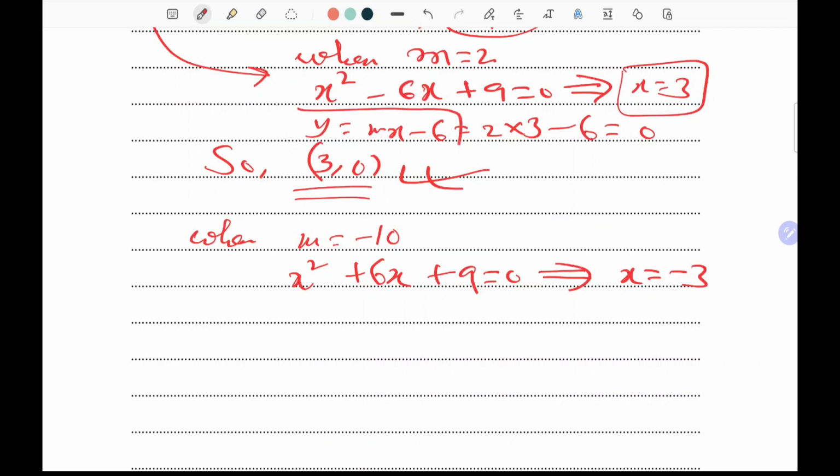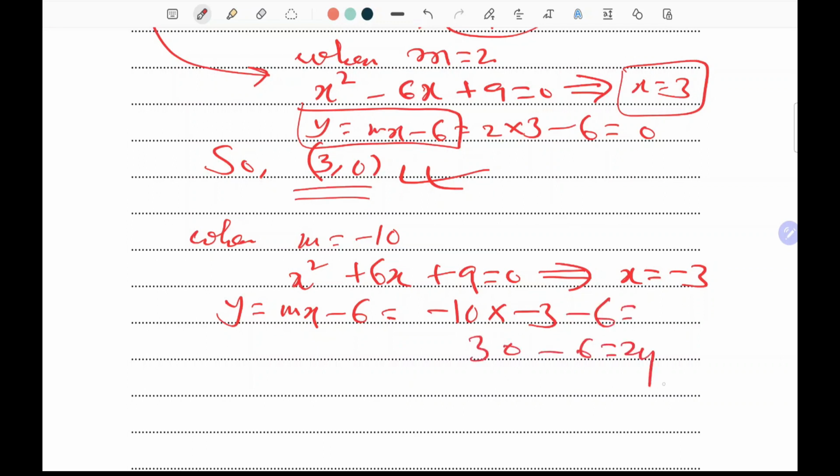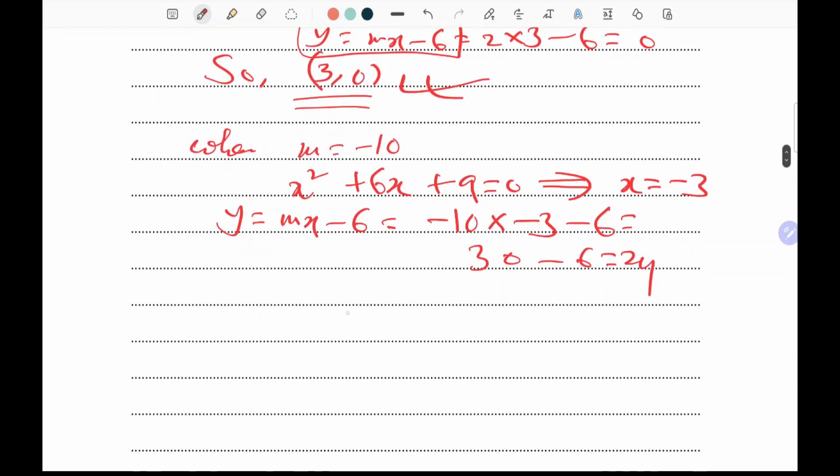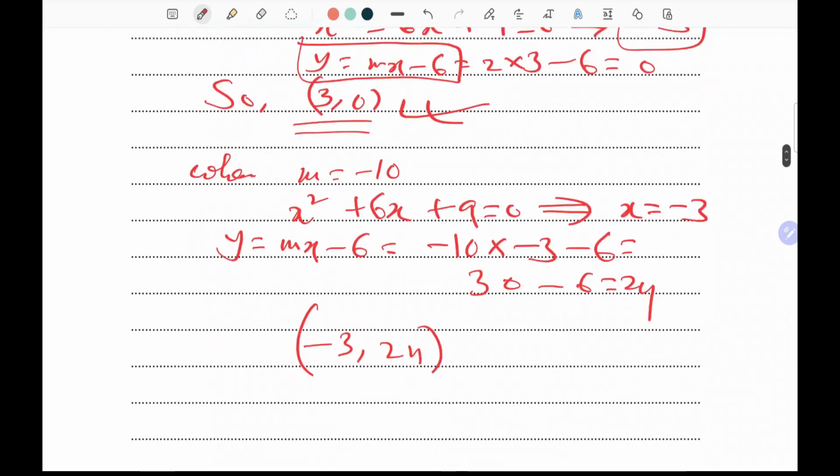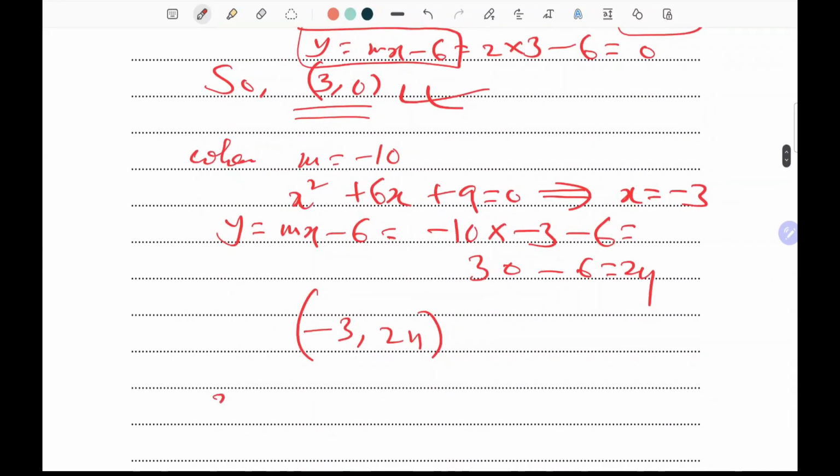Now y equals mx minus 6, but m this time is minus 10, x is minus 3, and this is minus 6. So this is 30 minus 6, which is 24. So we got minus 3 and 24, right? So what are the two possible values of the coordinate? (3, 0) and (minus 3, 24).